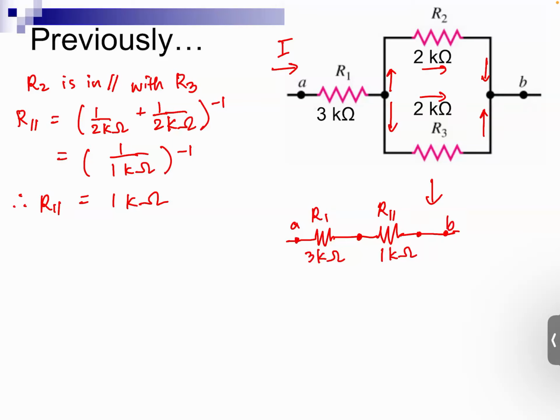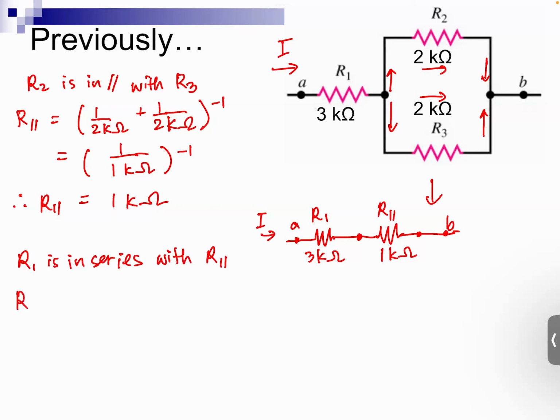So by redrawing the circuits, replacing these two resistors, you can now see that R1 is in series with R parallel, the combination of R2 and R3, because you have now a single pathway where the current will pass through. So R1 is in series with R parallel.